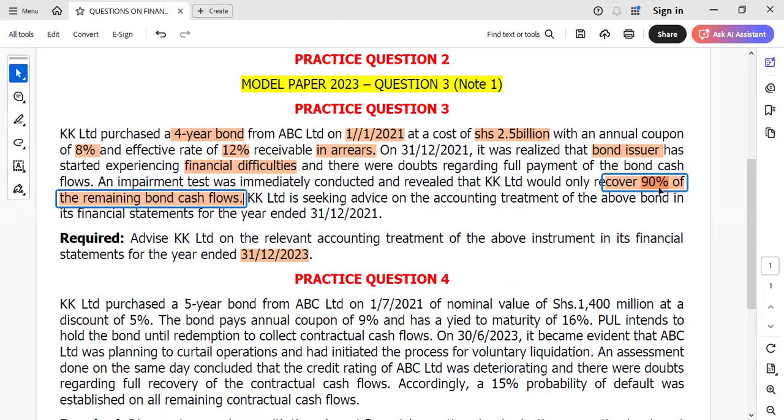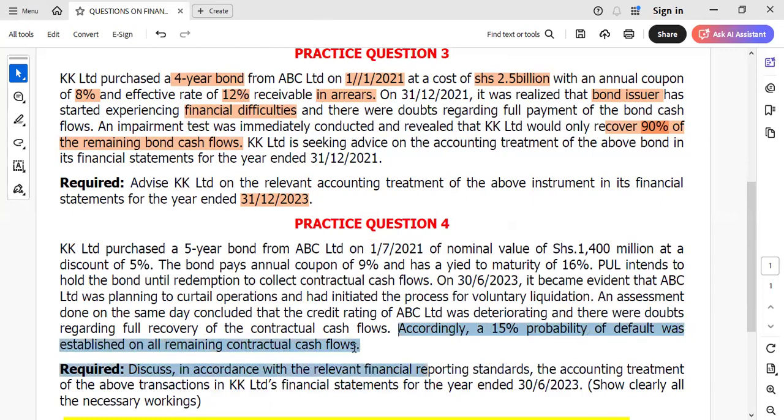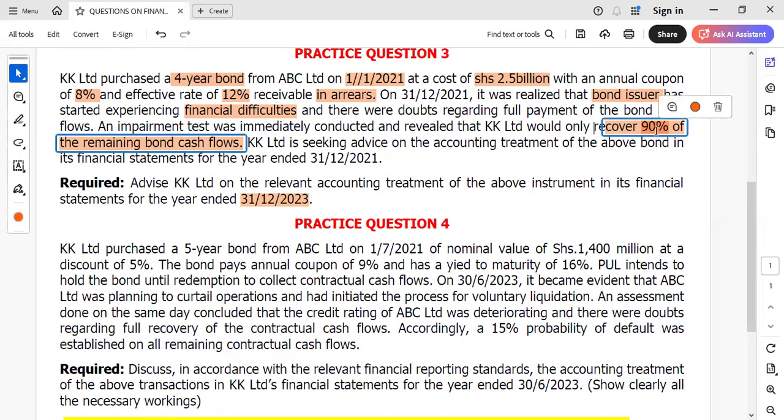In some questions, like this one here, they tell you that the 15% probability of default was established on all remaining contractual cash flows. Now here they can give you the percentage of default. If they give you the expected one, you use this.